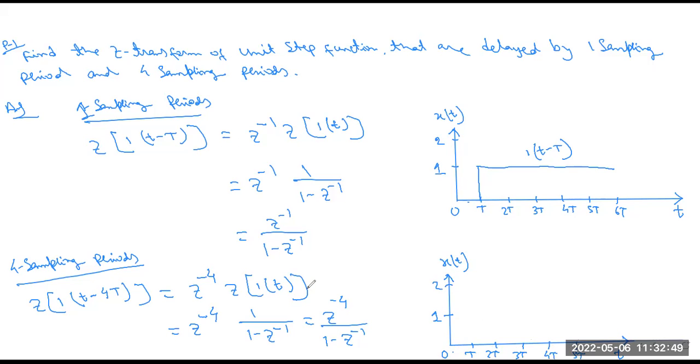So this is basically 4 sampling periods. That means 0 to t, 1, then 2, then 3, then 4, that is 4t, and then it is stable like that. So this is the function 1 into t minus 4. Here you can see this is delayed by 4 sampling periods, and here delayed by 1 sampling period. Is it clear?